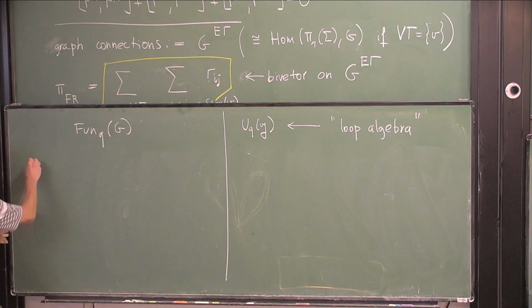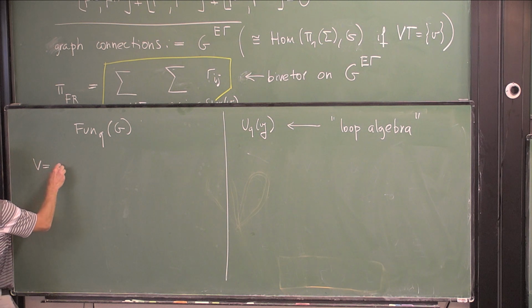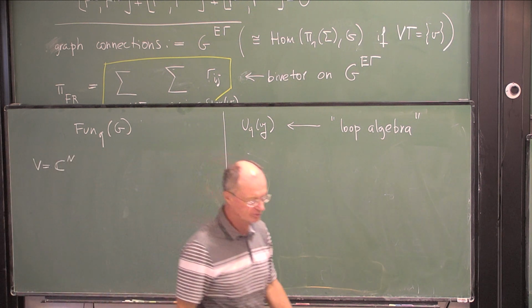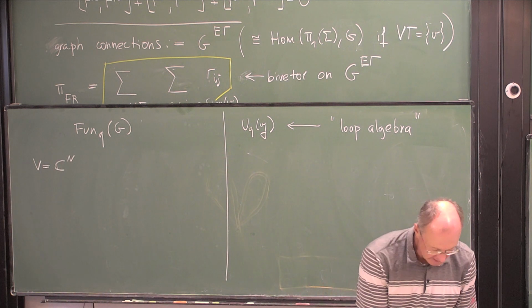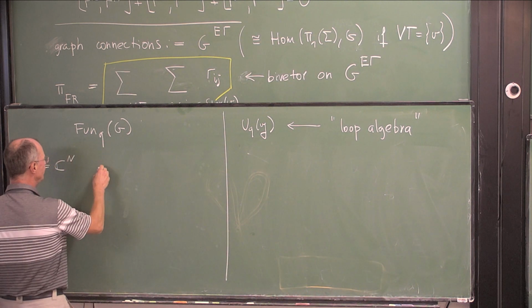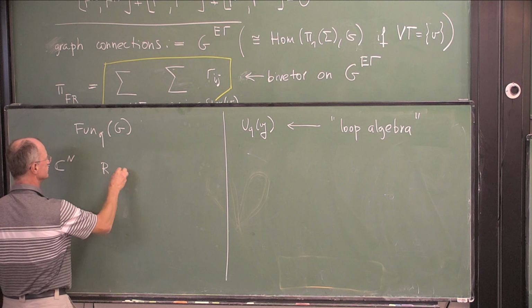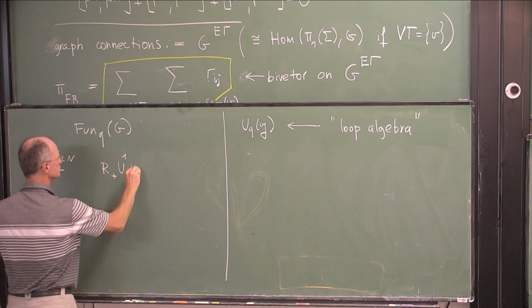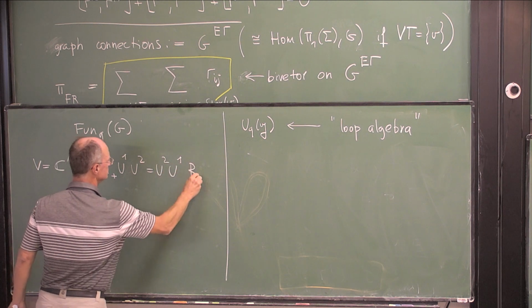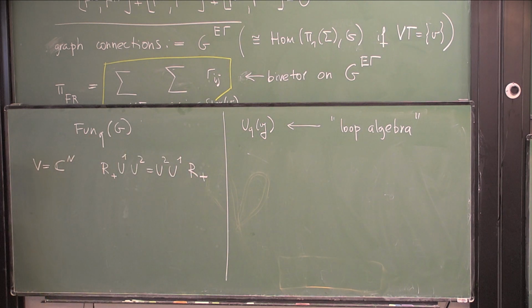So suppose now we put our V to be C^n, so n from our GL_n or from U_n. And let's define an algebra by the following set of relations.